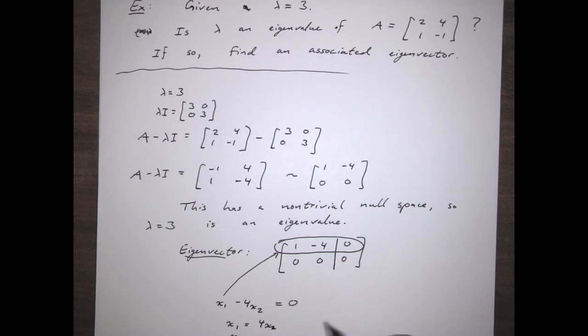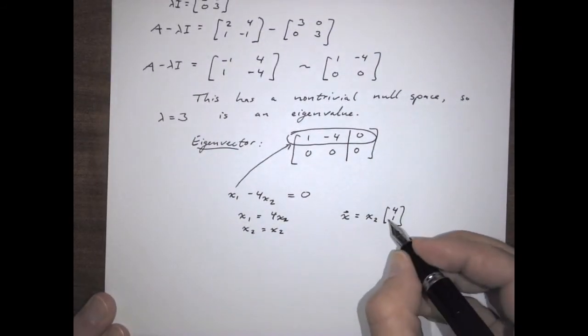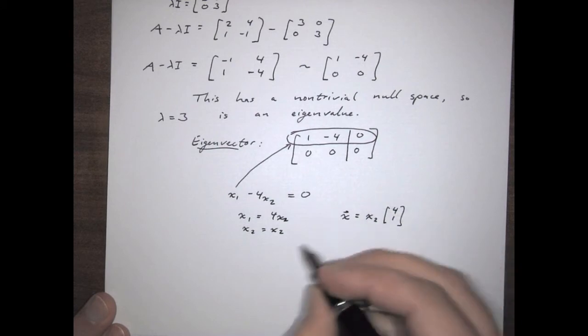Then an eigenvector here would be x2 times (4, 1). Just standard parametric form. So (4, 1) will be an eigenvector.